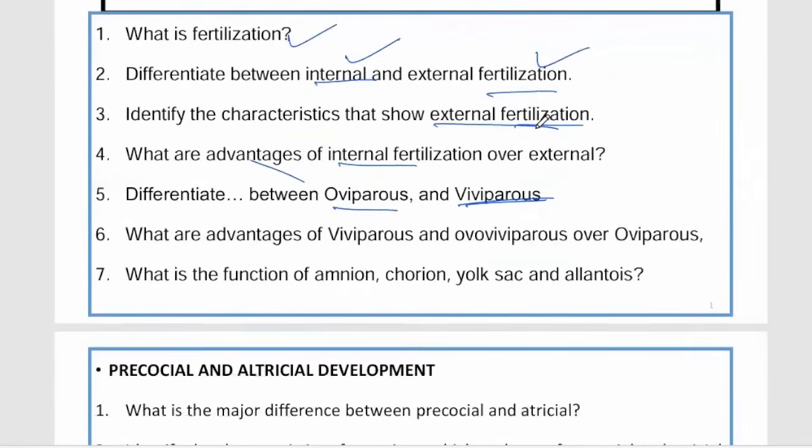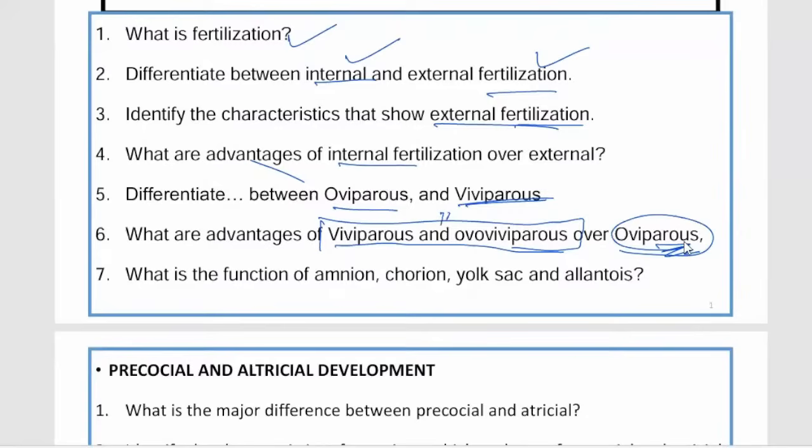They are asking what are the advantages of viviparous over oviparous. Here, because the development is inside and there the development is outside, here there are high chances of the baby developing to maturity or being given birth to, compared to this, because the eggs here are exposed. It's easy for the predators to feed on them. So the eggs are being preyed upon by the predators.